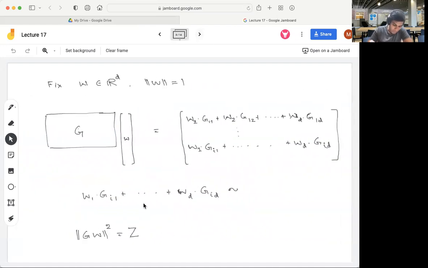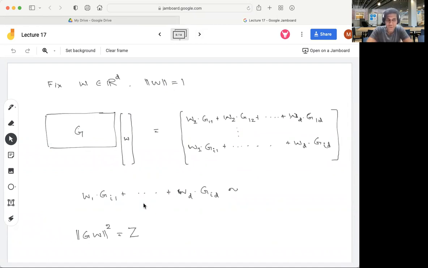So let's get to a study of G times w for a unit vector w. Again, w is an arbitrary unit vector in R to the d, which was obtained by looking at u minus v divided by the norm of u minus v, but we forget about that for now. It's an arbitrary unit vector which is fixed for the rest of the argument.